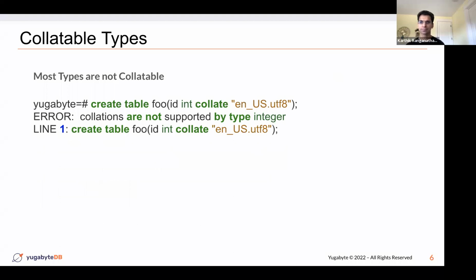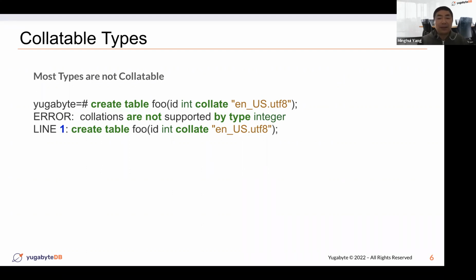So let's talk about the concrete syntax in Postgres. As I said, most data types have unanimous agreement on how things should be ordered, so for most types, they are not collatable. But here, like you just gave an example, is a negative case.